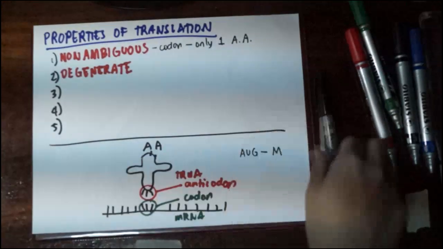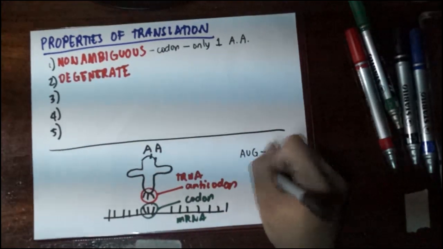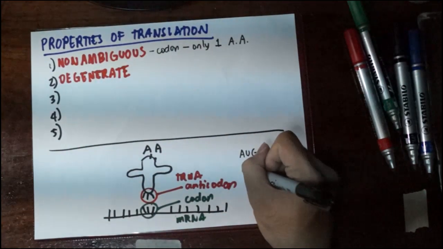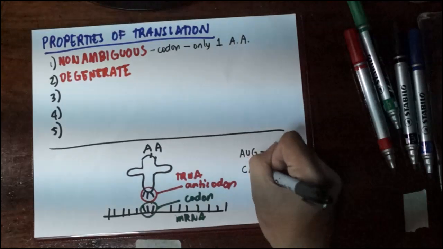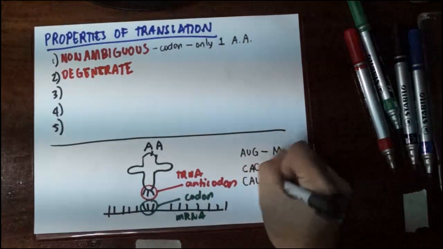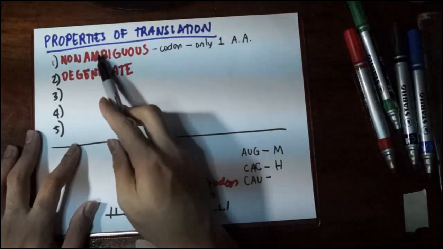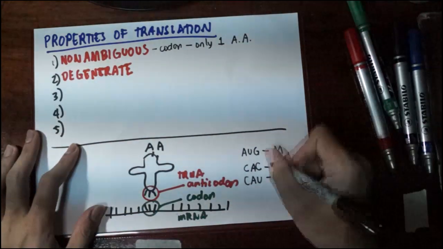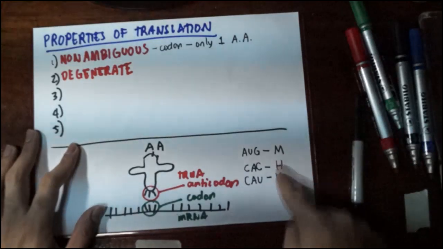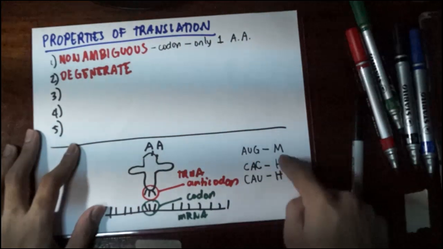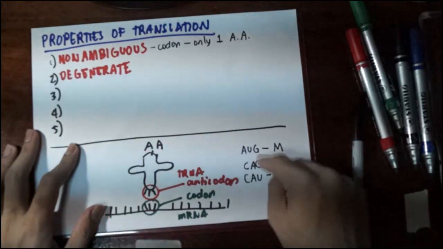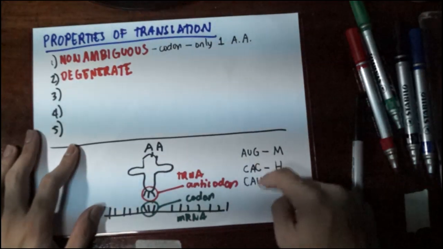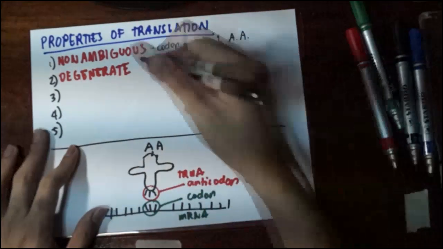In my reference, I have histidine. It can be coded by CAC or CAU, meaning that we follow the non-ambiguous rule. CAC will always code for histidine, but so will CAU. But this just means that for histidine, this one could be coded for by 2 different sets of nucleotides. So that's the degenerate rule.